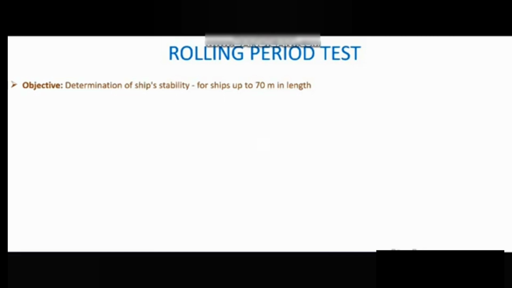Secondly, the bigger ships have bilge keels on the sides. Most of the merchant ships you would have seen in the dry dock, you have the bilge keel, right? The flat keel and the bilge keels, when the vessel rolls, they dampen the roll. They don't allow the vessel to roll freely.